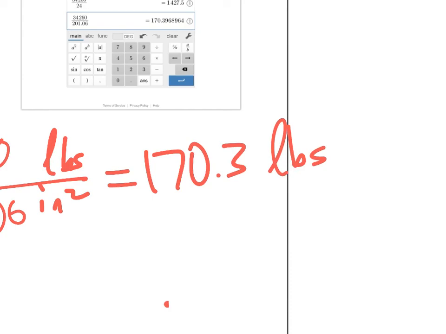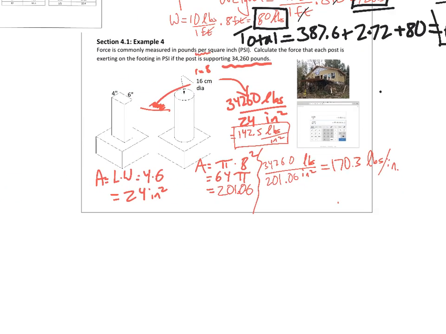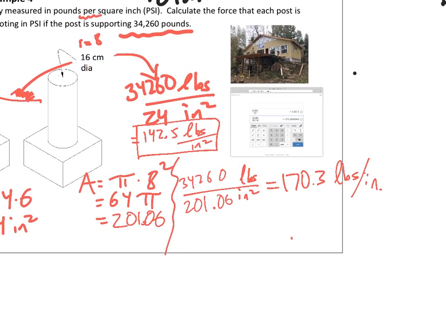Okay, so the big house is setting down on these two pylons, and one of them is holding 170 pounds per square inch. Whoops, per square centimeter actually here. So this is 170.3 pounds per square centimeter.